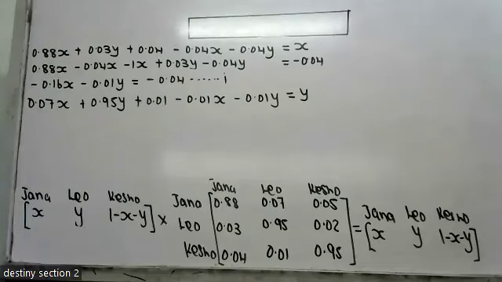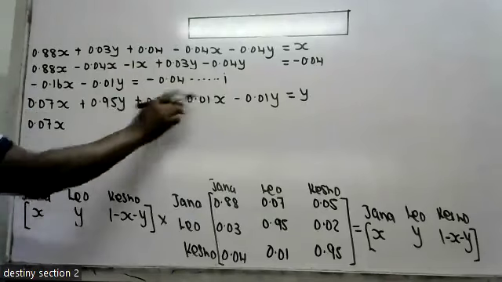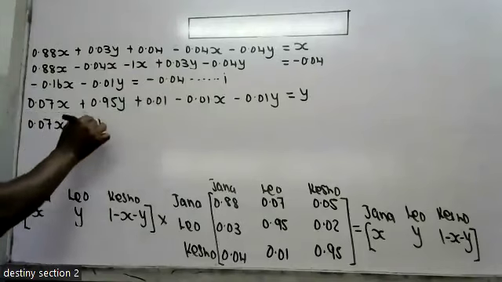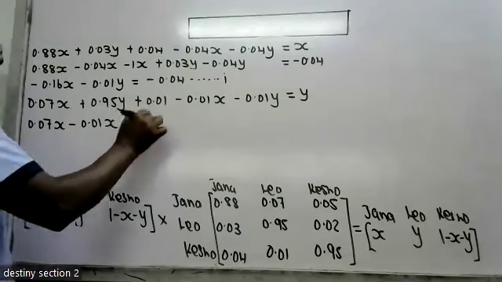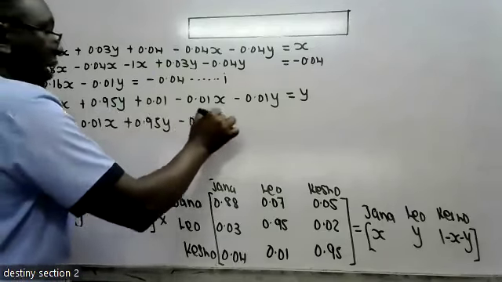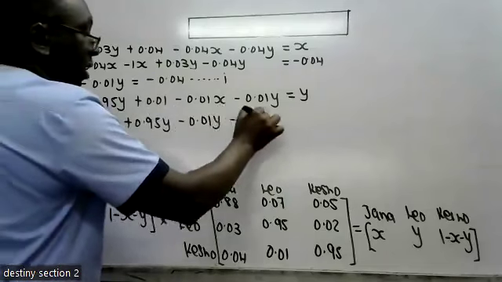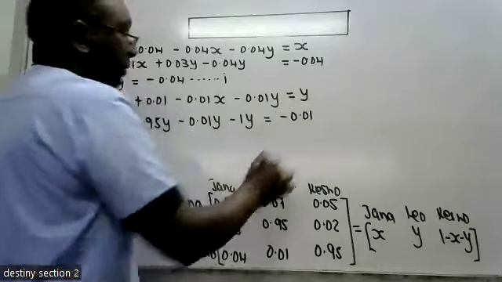Now, if you put like terms together, I'm going to have 0.07x minus 0.01x, then this y plus 0.95y minus 0.01y minus 1y is equal to minus 0.01.